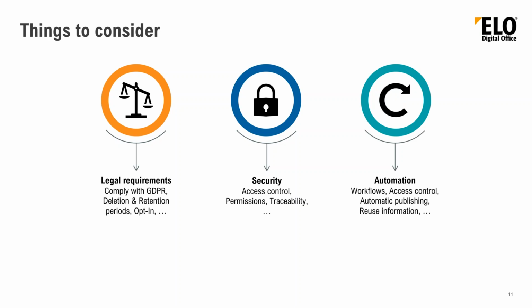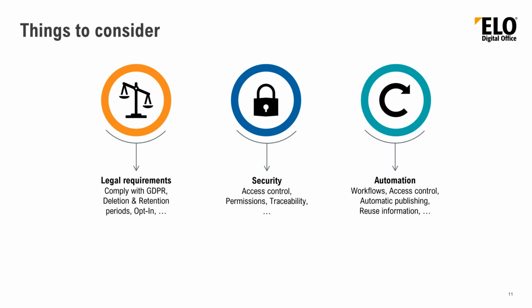And then we have some automation things we have to consider. For example, we could use workflows, or we could automate the access control, so that we don't have to think of who has access to the candidate's file, or who is able to make a job request or a personal request for the HR department.